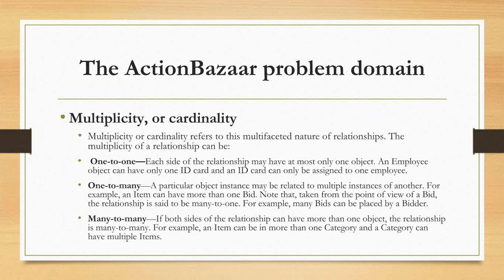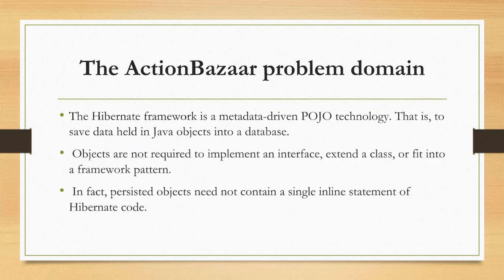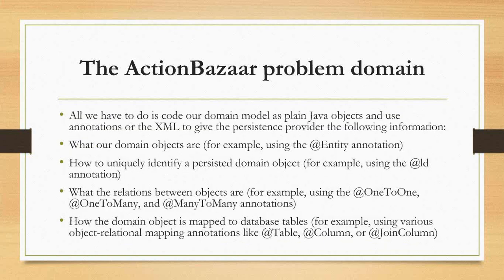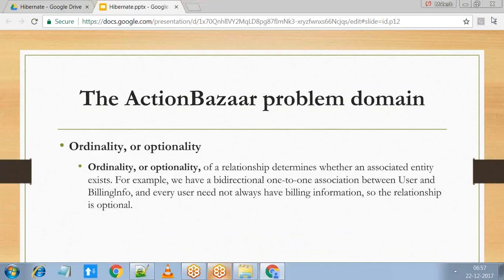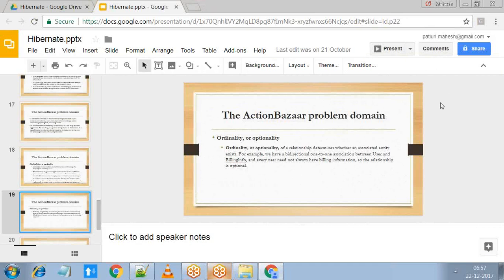Next, we have discussed this multiplicity and cardinality already. But on the database side, how will you do that? I didn't mention it here in the PPT, but let's try to understand this.